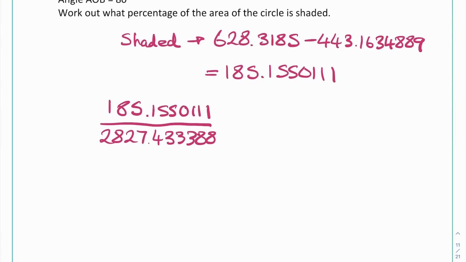We want the percentage, so we'd have to multiply this by 100. That will turn our decimal into a percentage for us. So if I just type that in as a fraction, the answer on the top, and then 2827.4333888, and I'll put the times 100 in straight away, and that gives me a percentage of 6.548518946%.